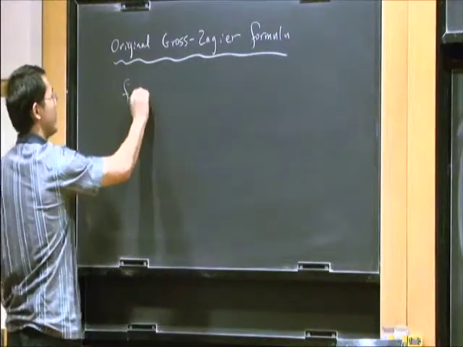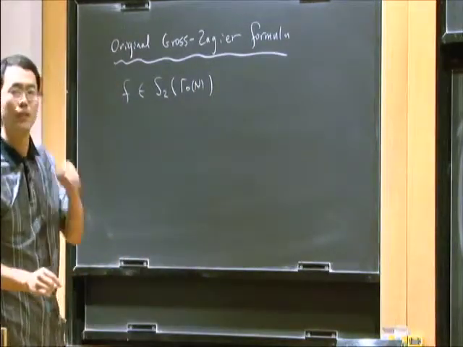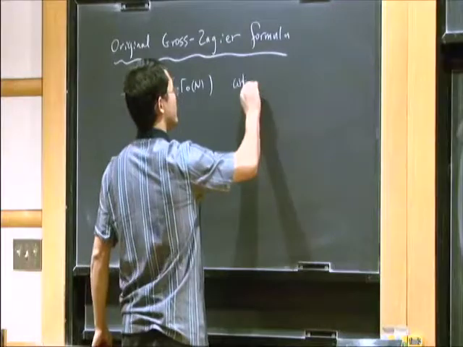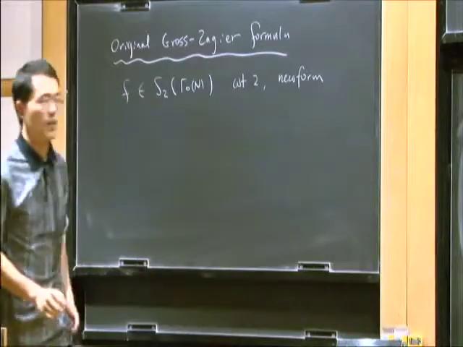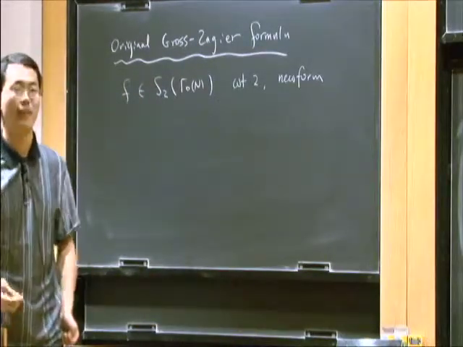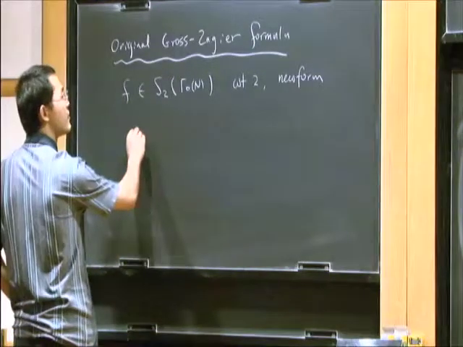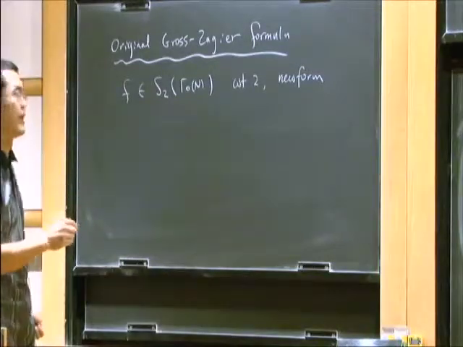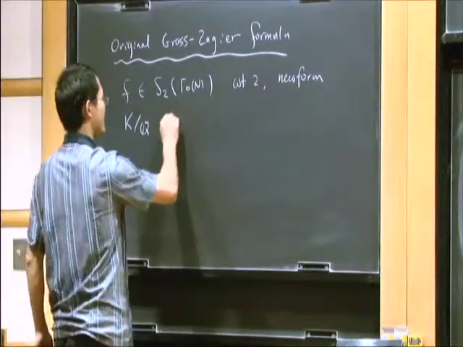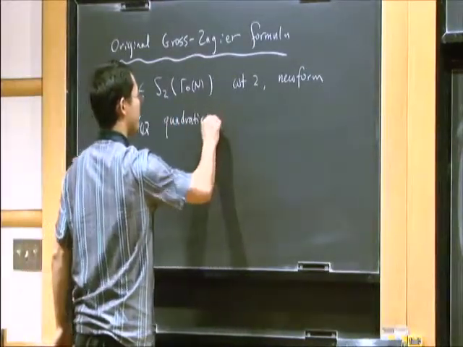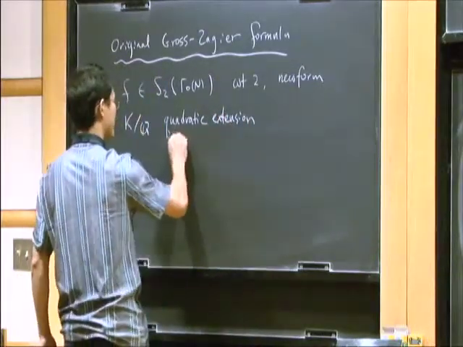So let f in S_2(Γ_0(N)) be a weight 2 newform. So it's a holomorphic cusp form which is an eigenform and normalized such that a_1 is 1. And then we take a quadratic extension K over Q, an imaginary quadratic extension.